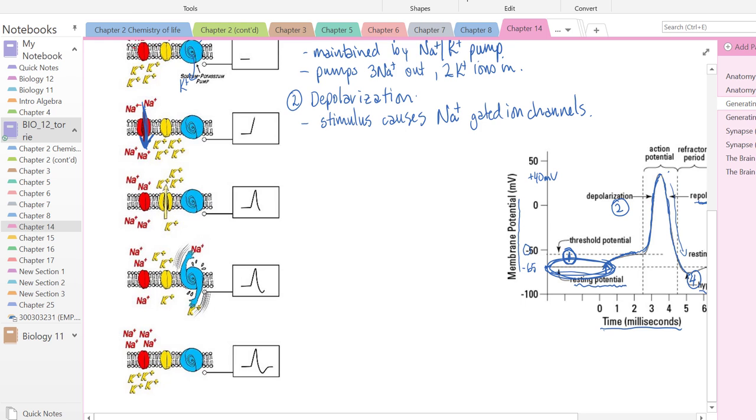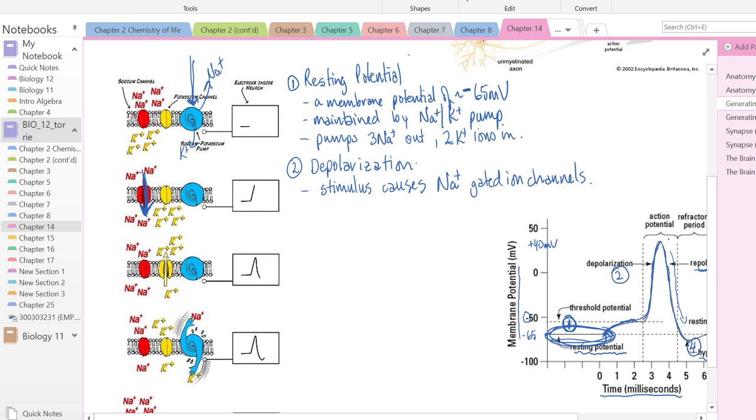And maybe I didn't emphasize or remind you that the sodium-potassium pump is active transport, so ATP is required. That's because we're moving against the concentration gradient, moving sodium ions out and potassium ions in, pumping them against the gradient to create a high concentration on either side.